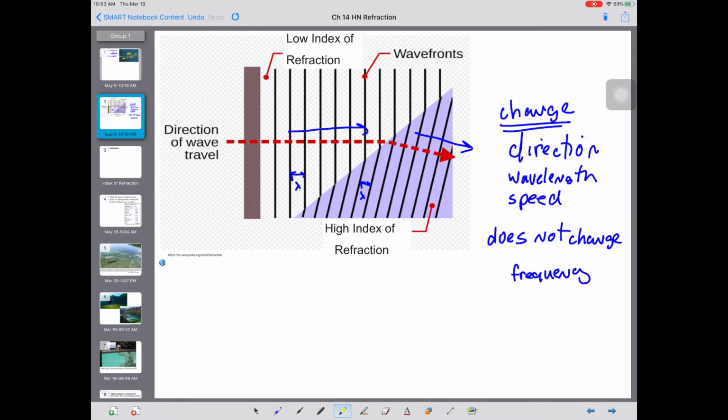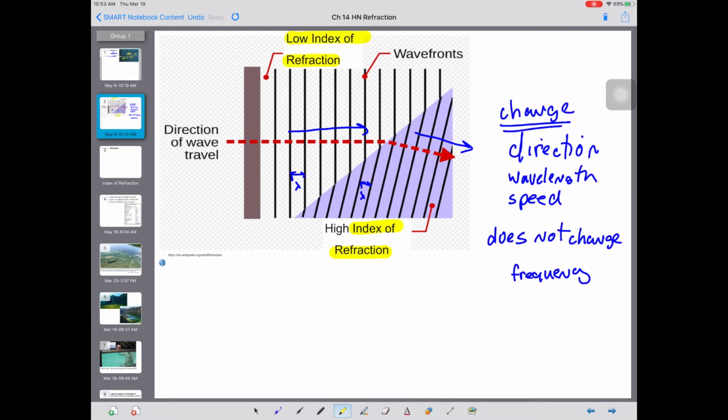Now, the amount of bend is going to depend on the change in speed, and a number we can use to talk about that change in speed is index of refraction.